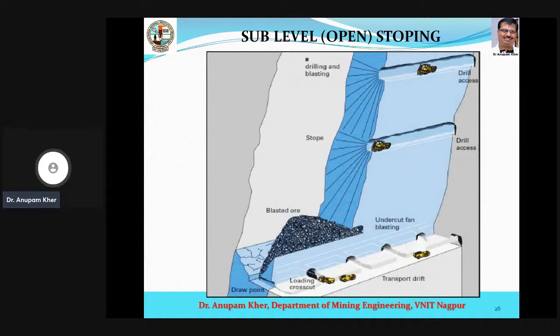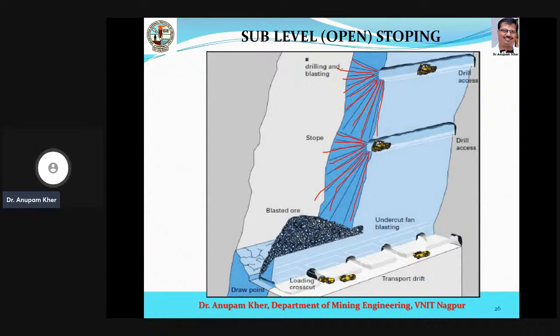So the major advantage in sub levels is that you can go for highly mechanized mining, as you can see in this diagram, where a modern day technology called ring drilling is being used. The ring drills are used from one level up to another level. These kinds of drilling equipment are nowadays common in advanced mines. Some mines owned by Vedanta are using this.